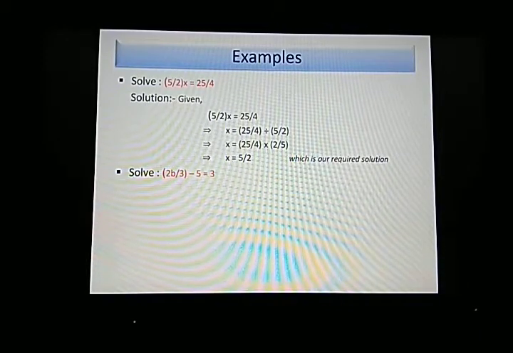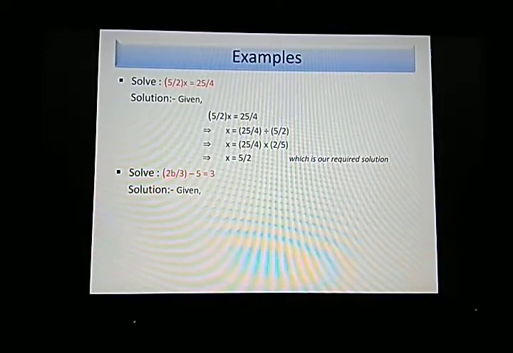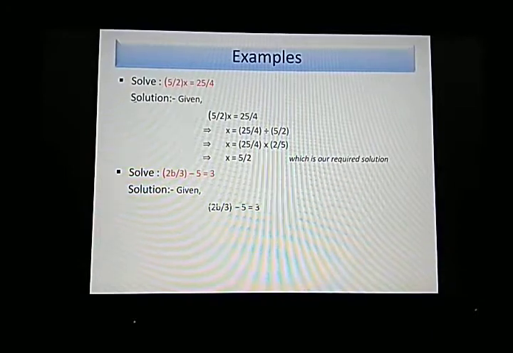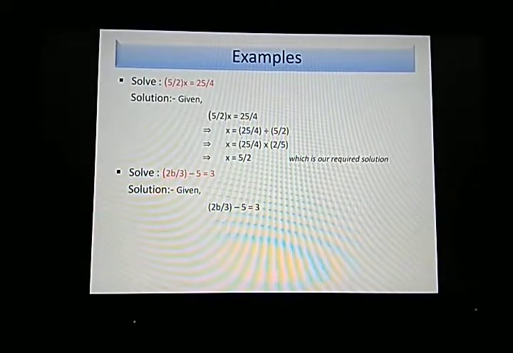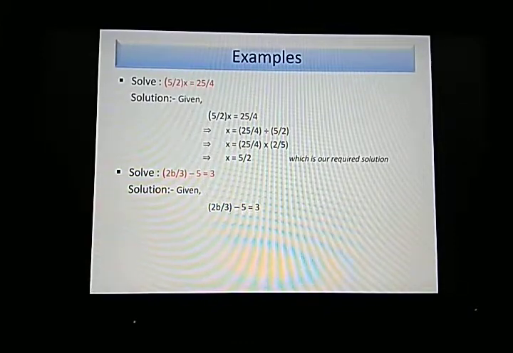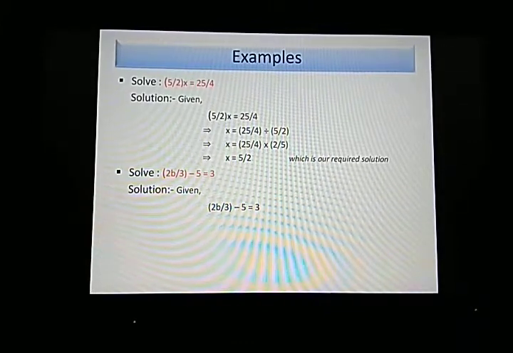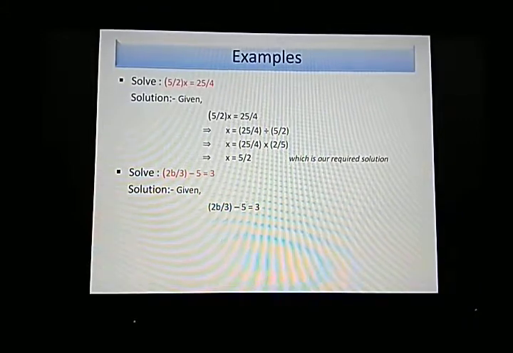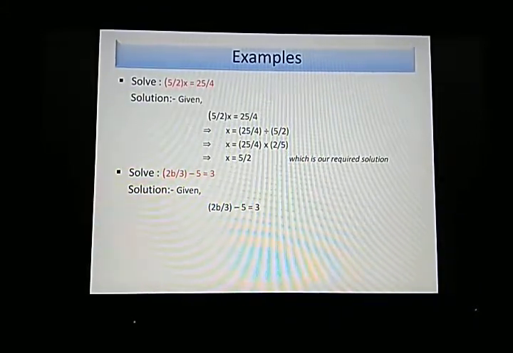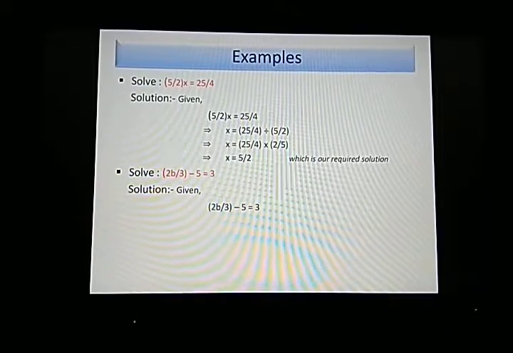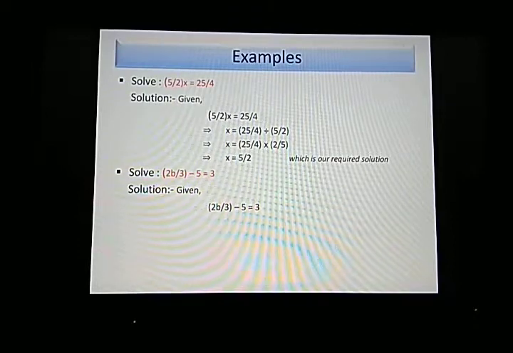So first of all, we'll write what is given here, that is 2b by 3 minus 5 equals 3. Now first of all, we will not shift the fractional part to the right hand side. Instead of that, we will shift the easiest one, that is 5. Minus 5 we will shift to the right hand side. We will transpose it to the right hand side.